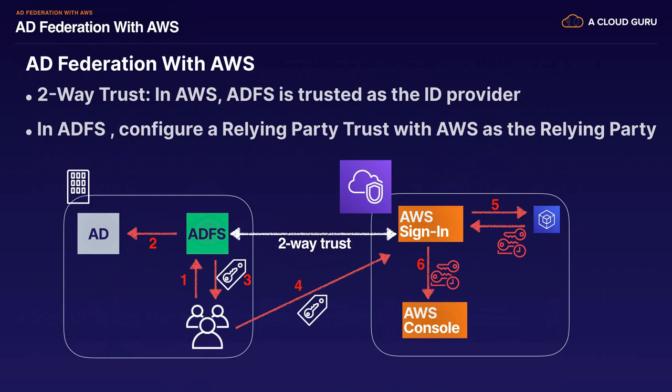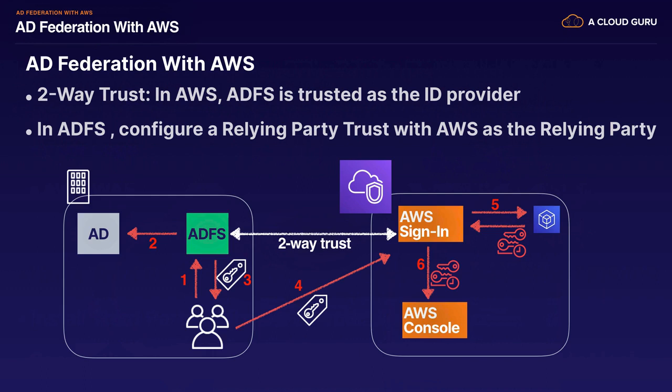And the user sign-in goes like this. First of all, the user logs into the sign-in web page using their Active Directory username and password. Then in the second step, ADFS authenticates the user against the Active Directory domain. In the third step, once the user is authenticated, ADFS sends back an authentication response in the form of a SAML token. Then in the fourth step, the user's browser sends the SAML token to the AWS sign-in endpoint.